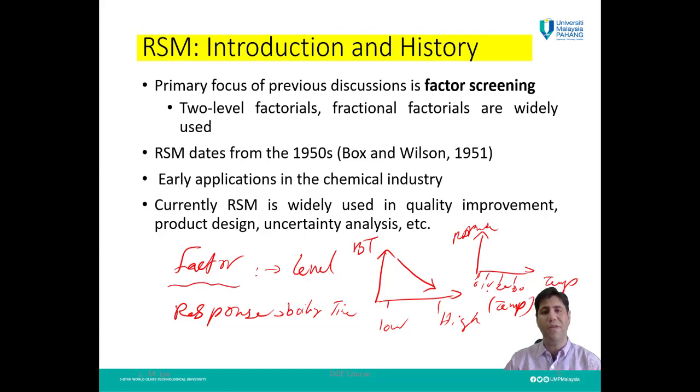So how many levels is enough for a factor to be studied to make sure that we already have a good model?